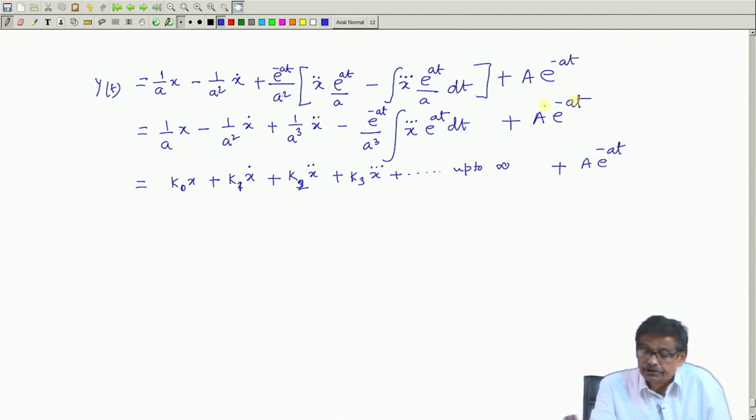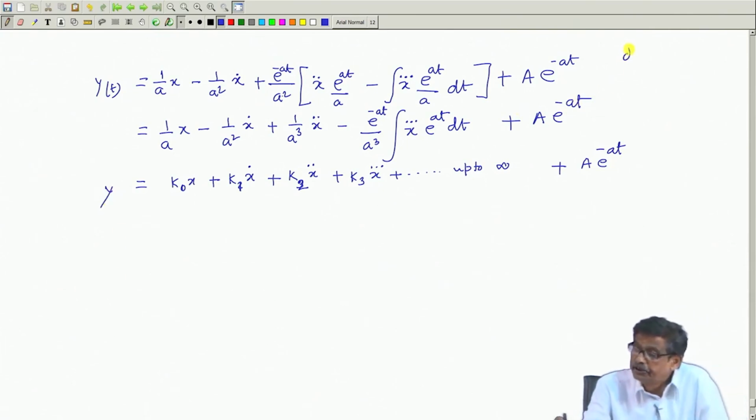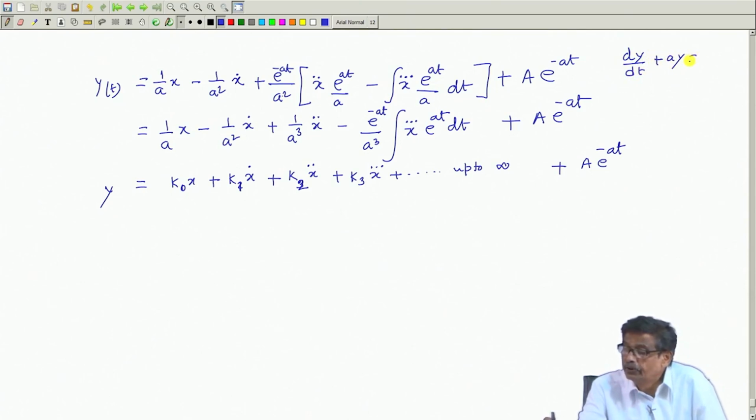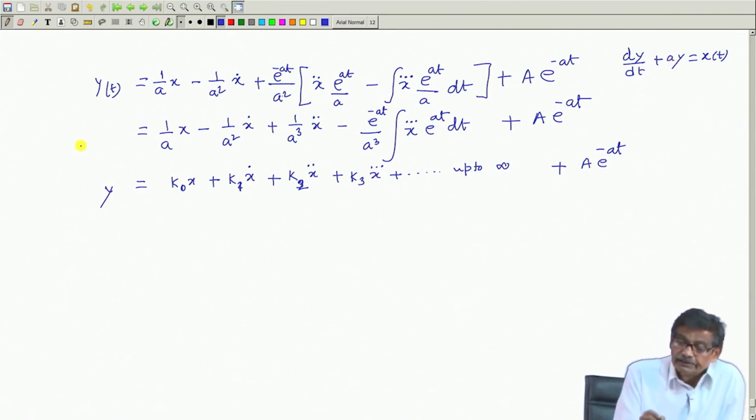That will be the solution of what? Of this differential equation dy dt plus a y is equal to x t. What is x t? x t is the forcing function. Got the point? So, this is the solution.